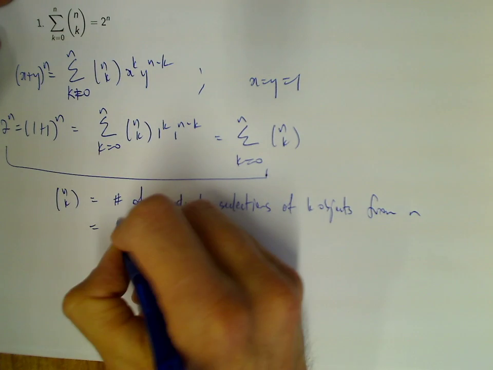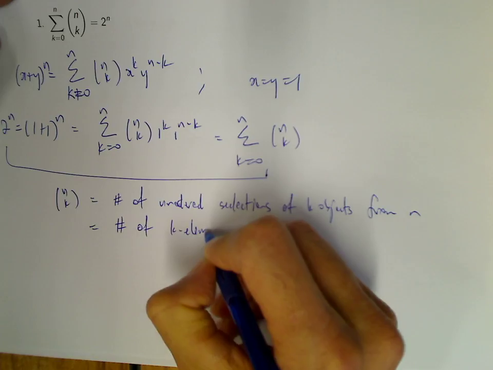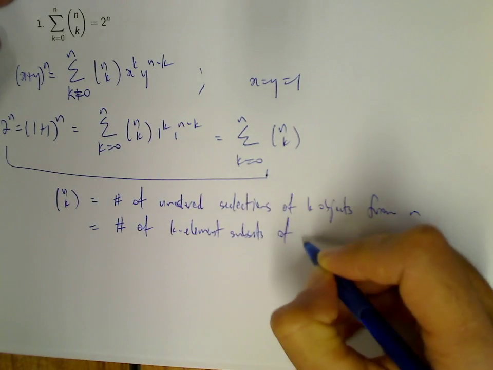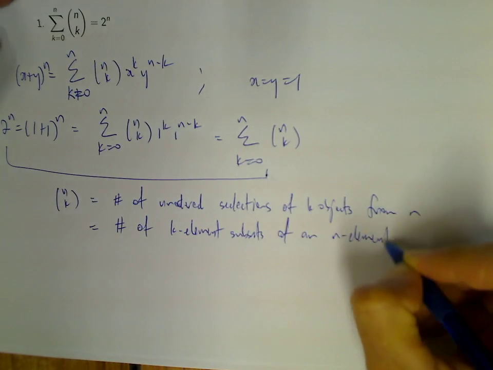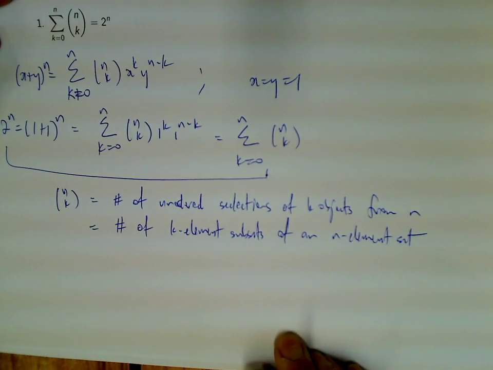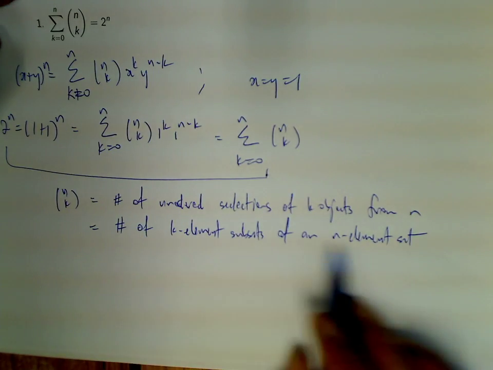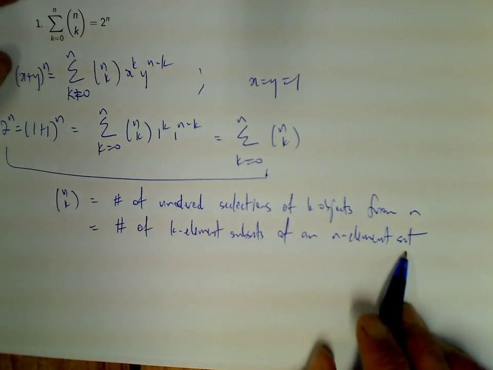That's actually equal to the number of k element subsets of an n element set. You might have actually seen it even defined that way. So n choose k is the number of k element subsets of an n element set.